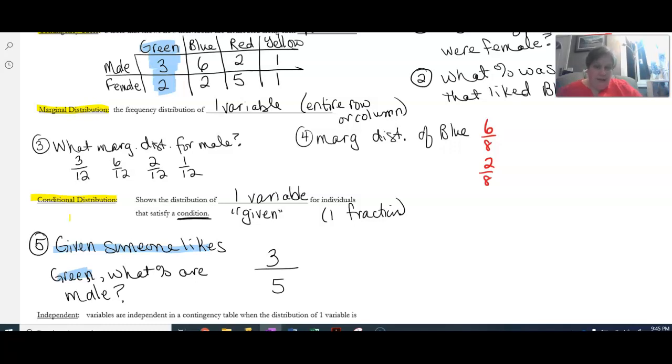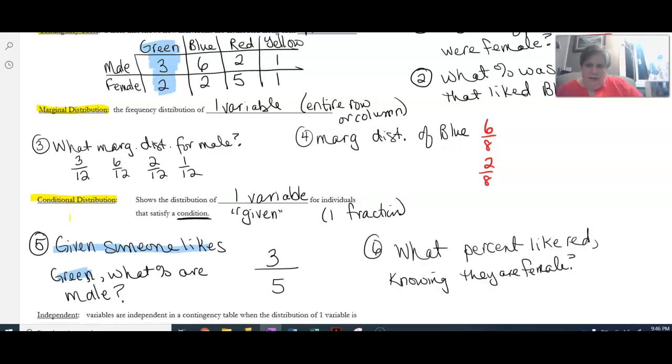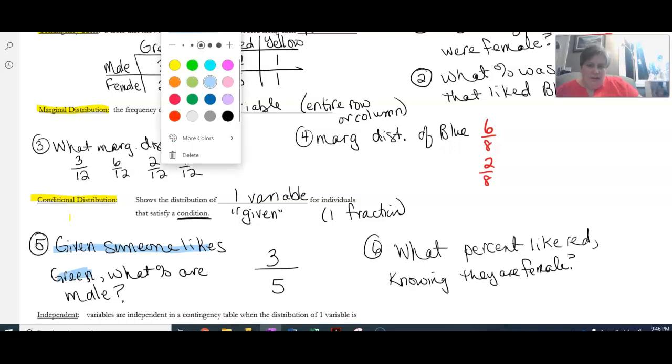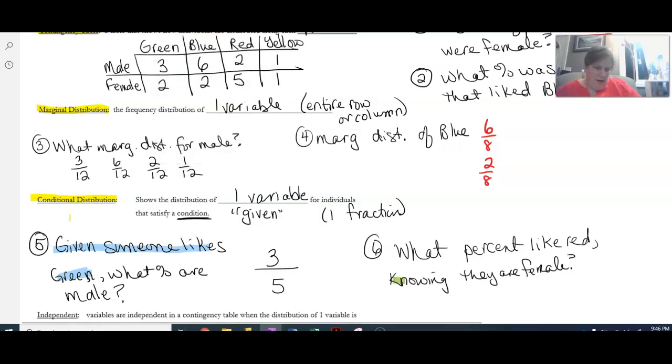So you have to look at the given part to kind of understand what you're crossing off. Okay, so here's another one. What percent like red, knowing they are female? So I have to focus on red and female, but you see how they didn't use the word given, but they did say knowing, right? So that means they have to be female. So that tells me this is all I look at. I don't care about the boys. We just look at female.